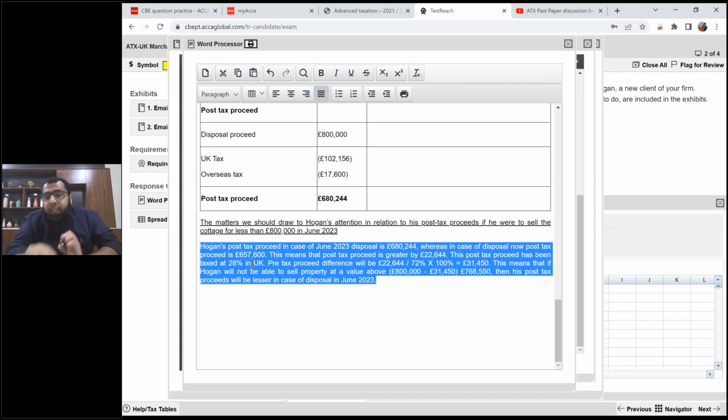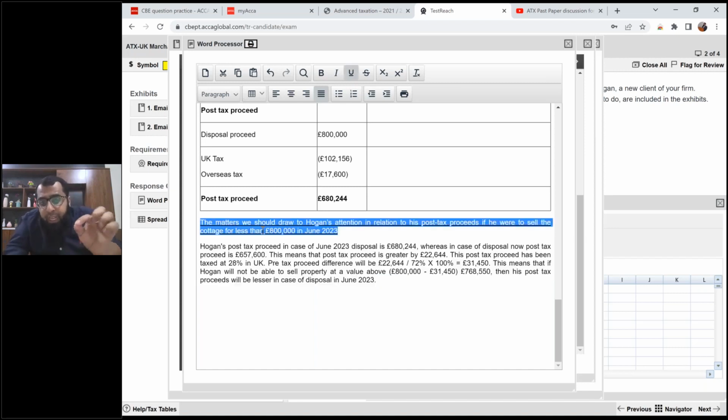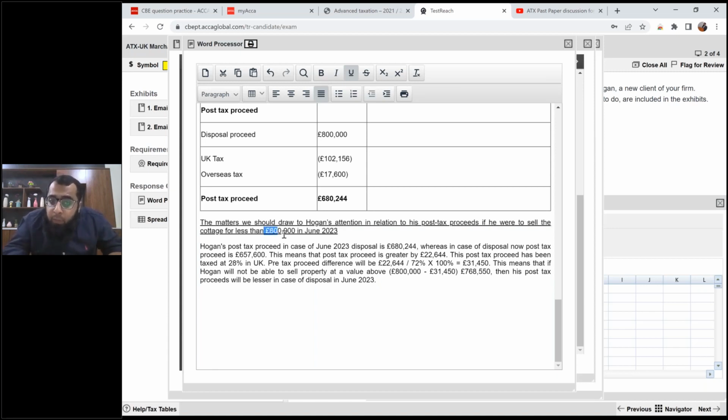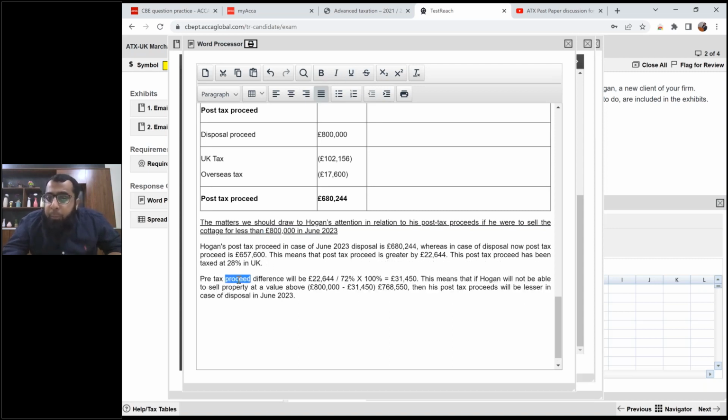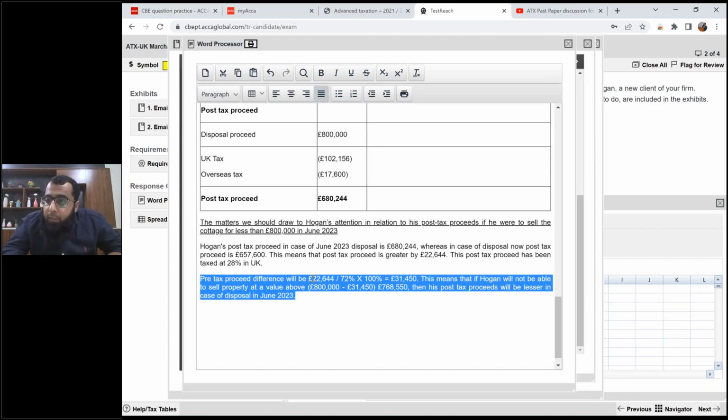Now, what he is asking, if he were to sell it at less than 800,000 pounds, see this 800,000 pound is not the post-tax amount. This is the pre-tax amount. So I am converting it into the pre-tax amount, as the tax is charged at 28%.